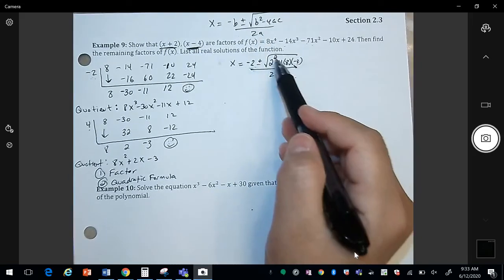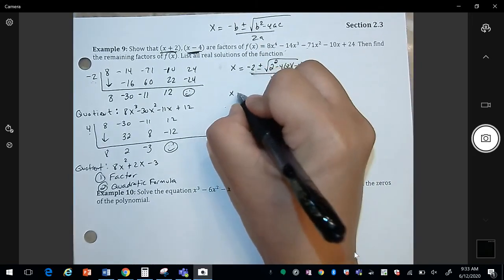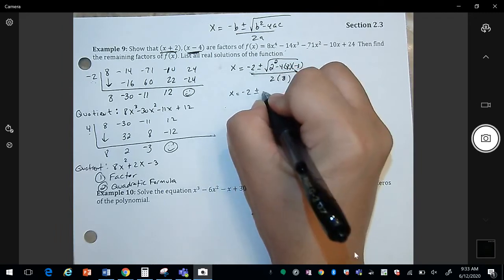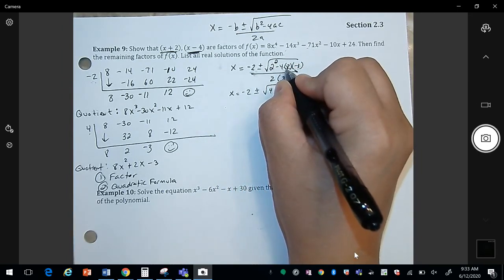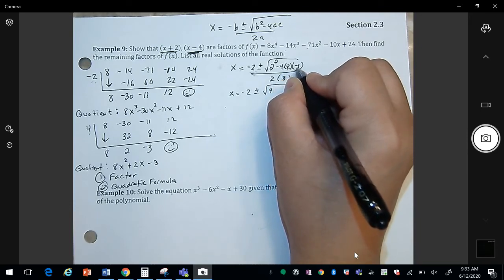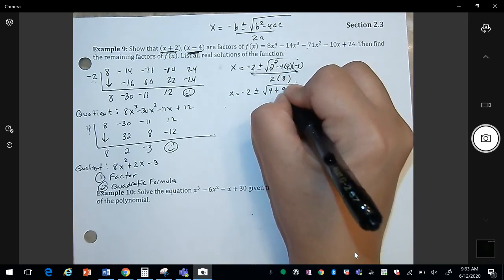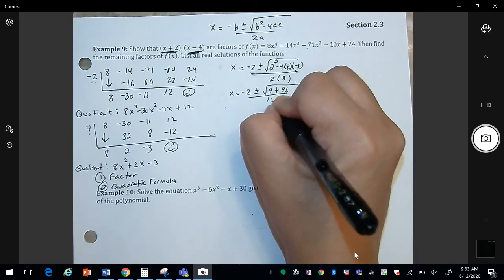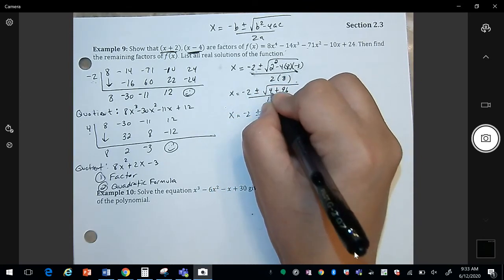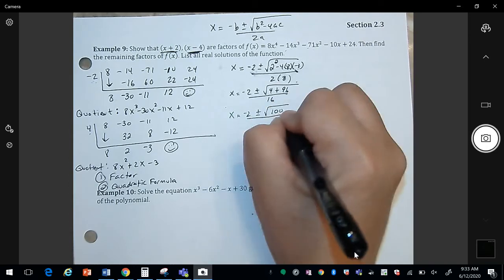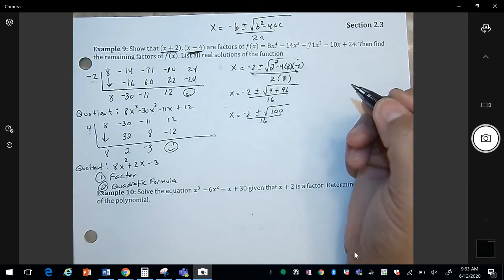So that's what I use in here. Simplify. We get negative 2 plus or minus the square root of 2 squared, which is 4. Negative 4 times 8 is negative 32. Times negative 3 is positive 96, divided by 16. 4 plus 96 is 100, divided by 16.